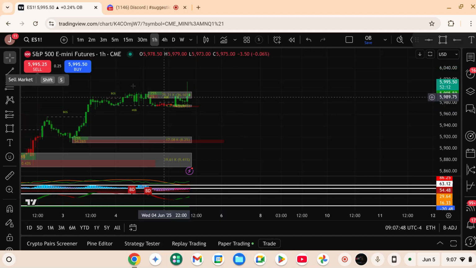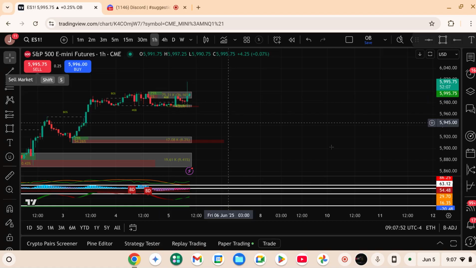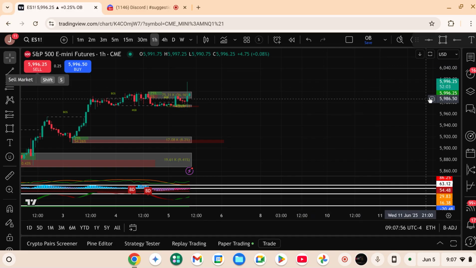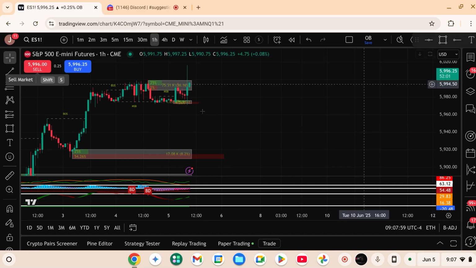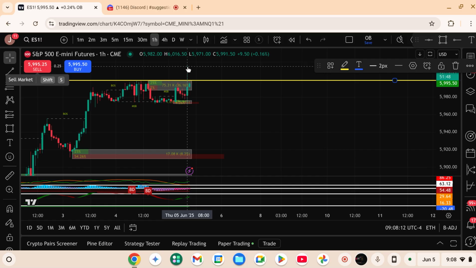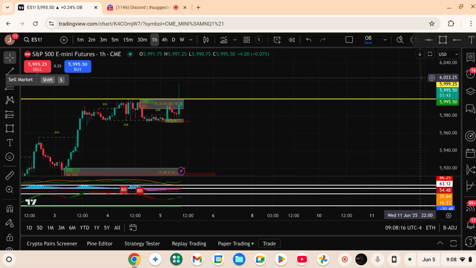See how it's kind of just smushed in between it from here to here. You don't got much room. And that's on the 1 hour. Now, if it breaks out of here though, it's a clean shot straight to here. This is on ES.